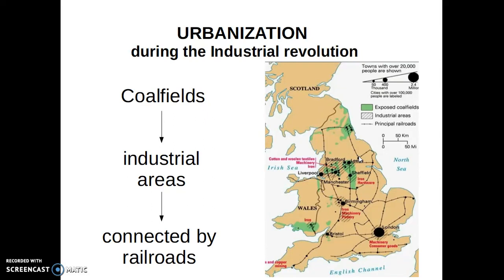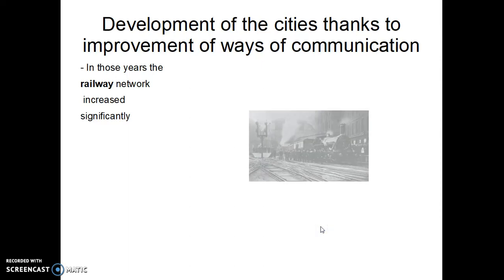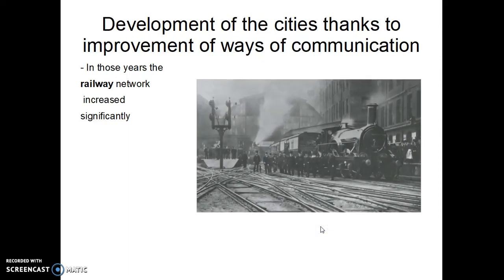However, as you can see, the industrial areas were linked by railroad to the major harbours, such as Bristol. The way of communication had an important role in the development of the new huge cities, which needed a lot of goods for their factories and their growing population.